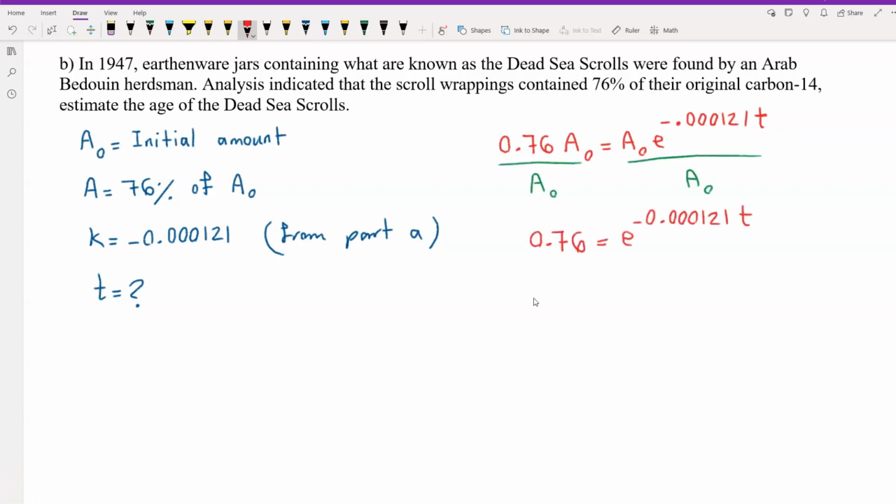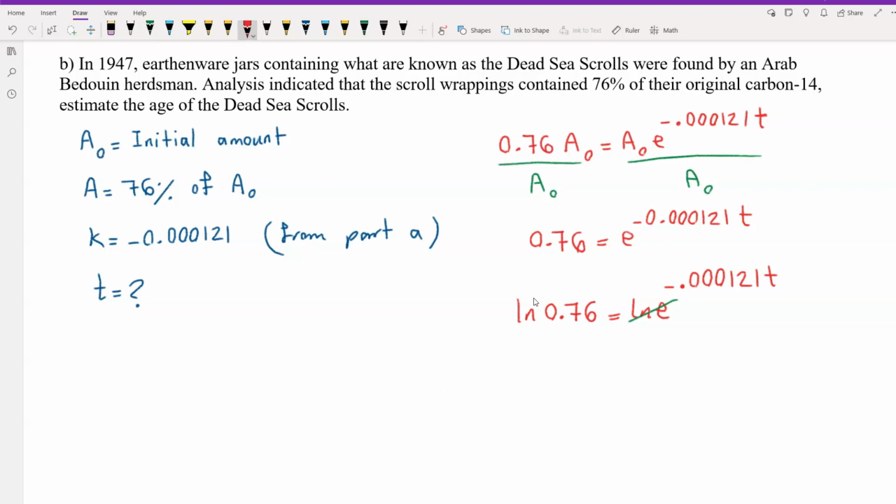Divide both sides by A sub 0, so we have 0.76 equal to e to the power of negative 0.000121 times t. Use natural log on both sides. So natural log 0.76 is equal to natural log e to the power of negative 0.000121 times t. So this way we can cancel this part.